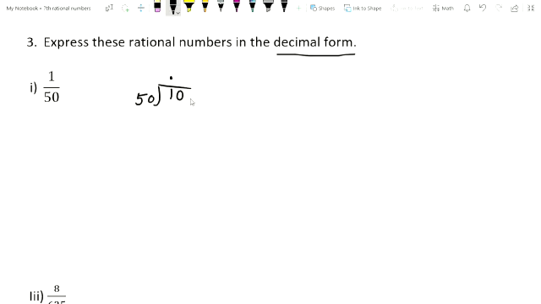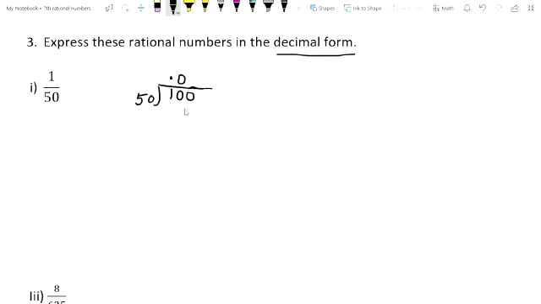Now it becomes 10. Okay, so 10 divided by 50 we can't do. Now also the divisor is greater. So what do you want to do? You add 1 0 to the quotient place as well as the dividend place. Now it becomes 100.